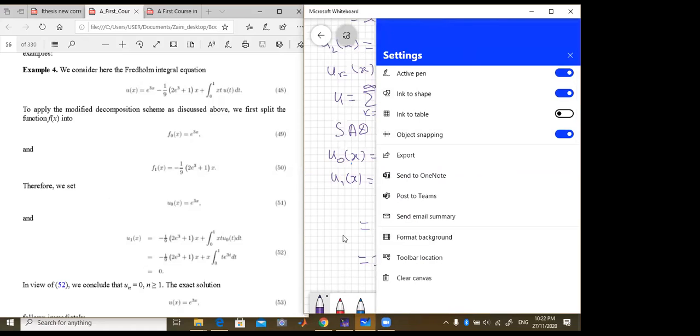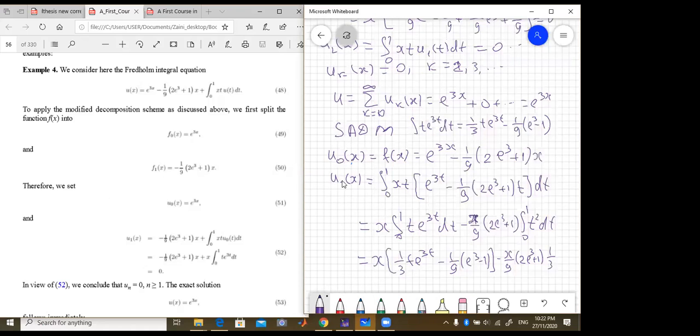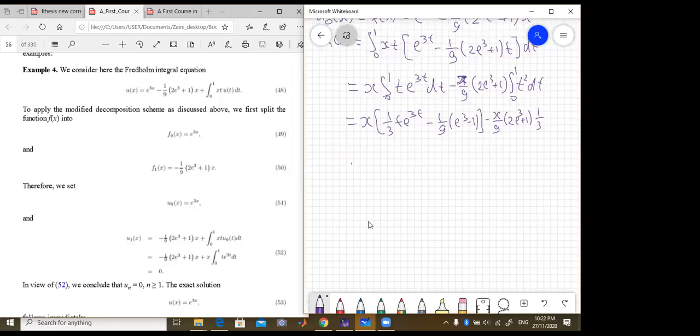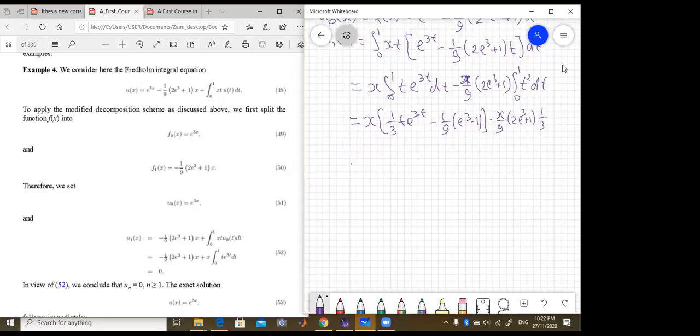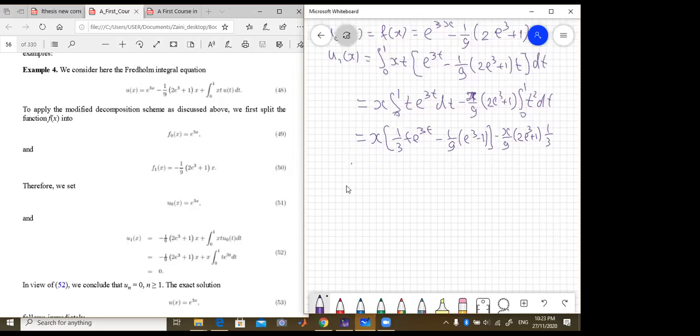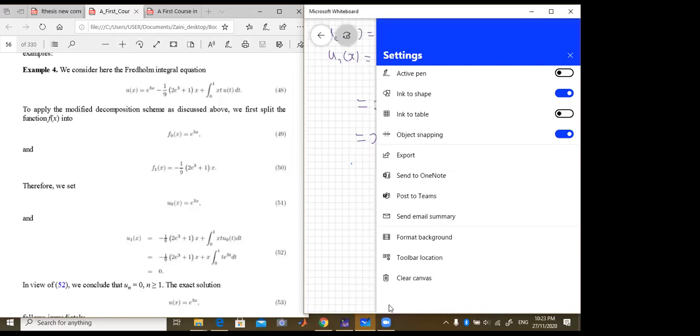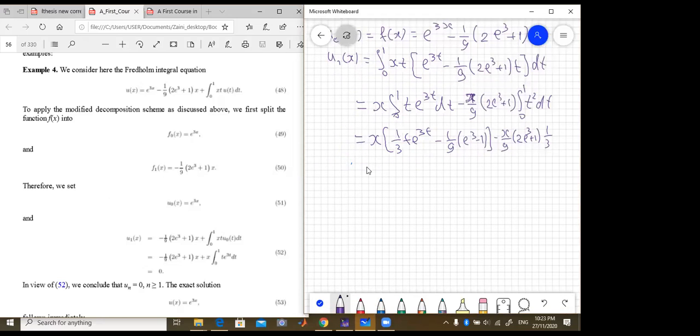Now what about the third iteration? I just simplify this second iteration. Here from 0 to 1.